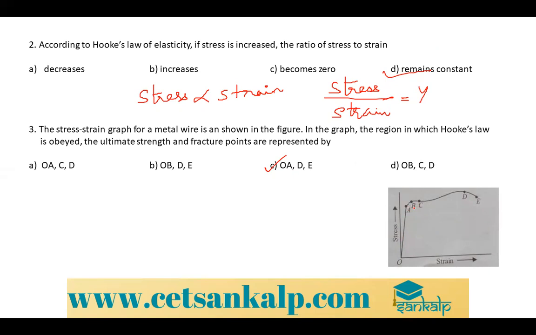Okay. So the region in which Hooke's law is obeyed is OA, because you can see up to A it is a straight line, right? Then at D you have ultimate strength. At E it is your fracture point. So be very careful while doing the problems. Okay. So we'll move to the next problem.